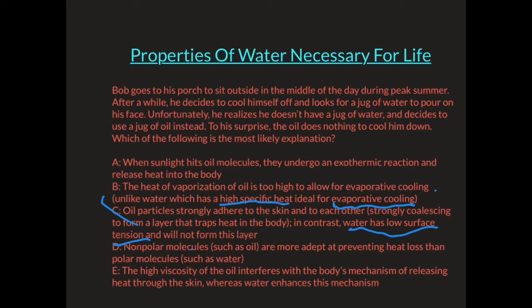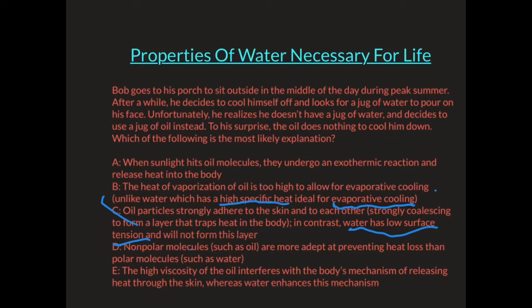Now, choice D says nonpolar molecules such as oil are more adept at preventing heat loss than polar molecules, such as water. Now, this could also plausibly be true if we didn't know anything about it, but if you think about our definitions between nonpolar and polar, nonpolar means that the distribution of charge is equal, and polar means that the distribution of charge is unequal in a polar compound versus a nonpolar molecule in this case.